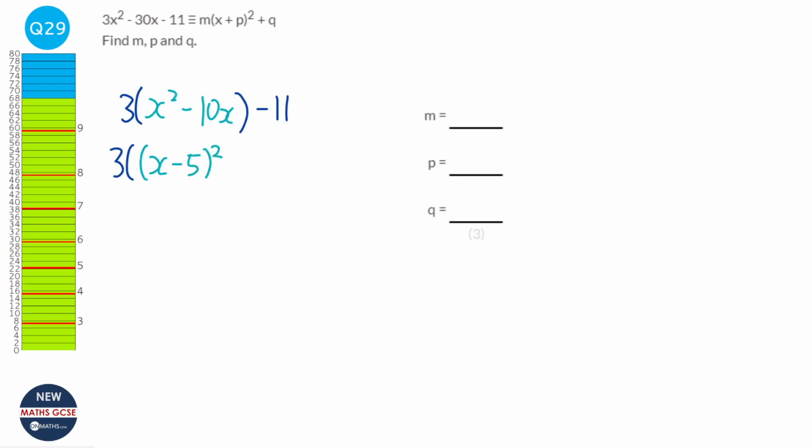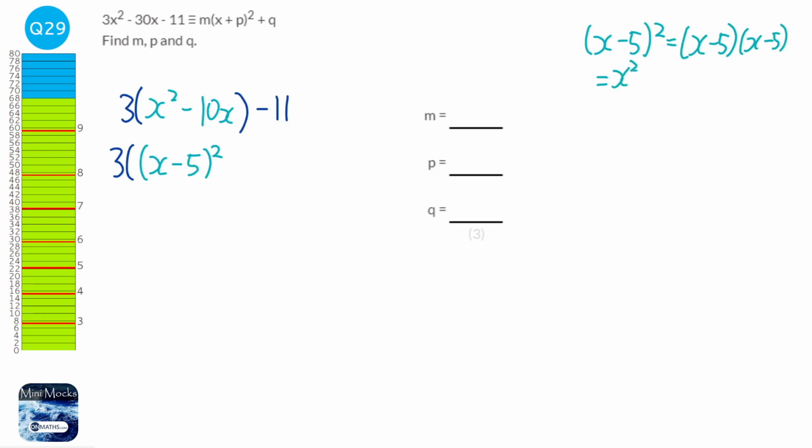Now I'm going to leave that half done, because across here I'm just going to expand that and show what that creates. So x minus 5 times x minus 5. So we get x squared minus 10x plus 25. So notice here it creates this plus 25, which we've got to deal with.